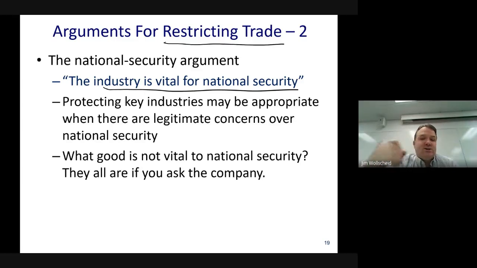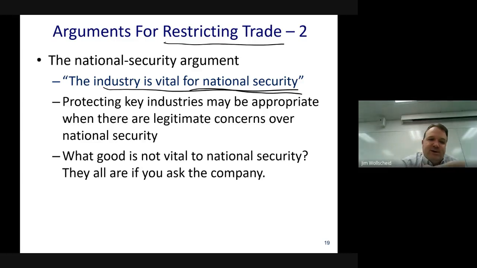So we're restricting trade from a Chinese company because we're worried about national security. We're worried about safety. And now there probably is some validity to that argument.